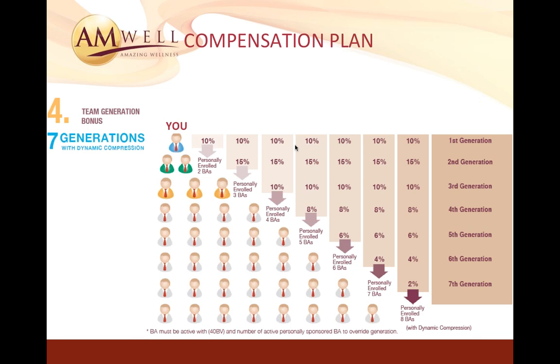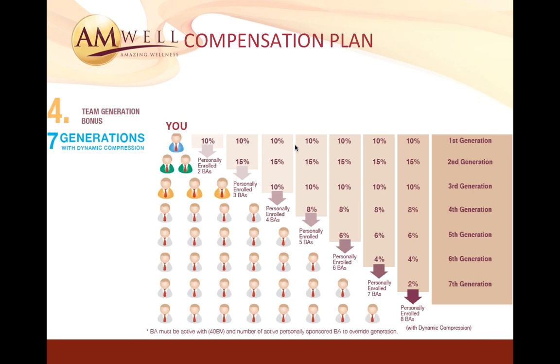So there's a qualification you'll see at the bottom. BAs must be active with 40 BV and have a number of active personally sponsored BAs to go down for each level. So in order for you as a member to get paid first generation TGB at 10%, you have to personally sponsor 2 BAs minimum who are active.